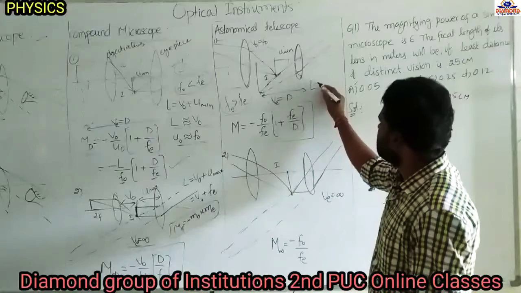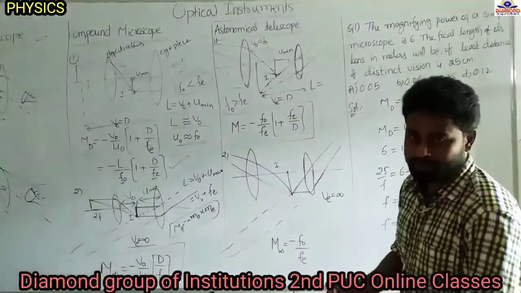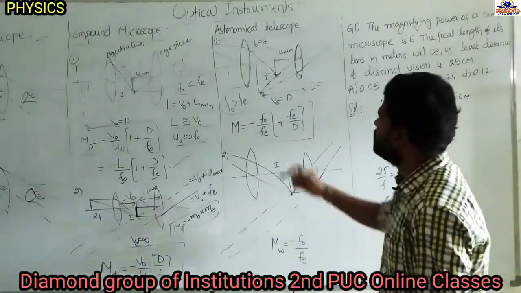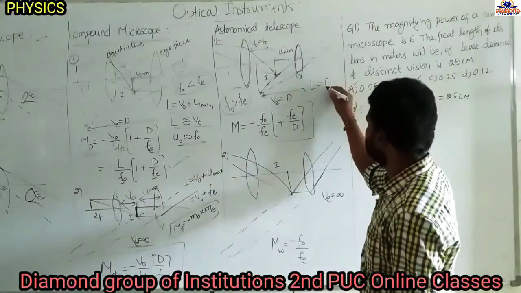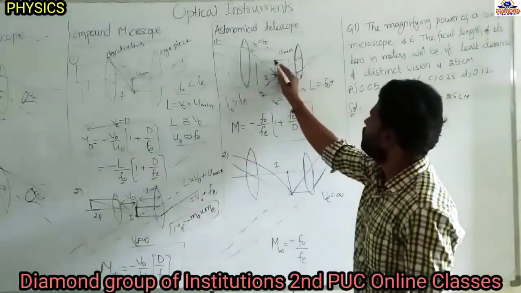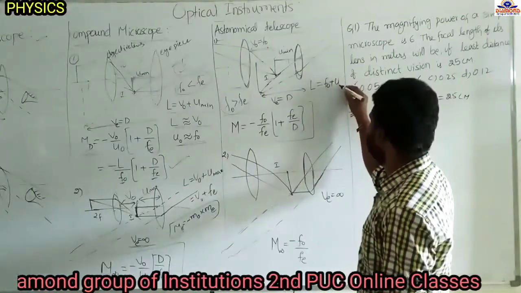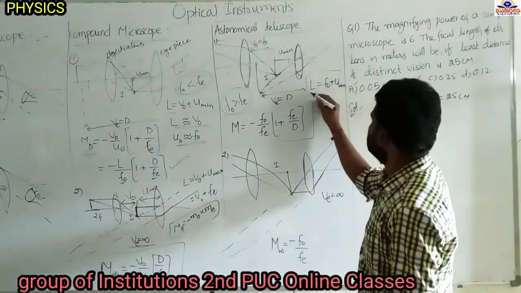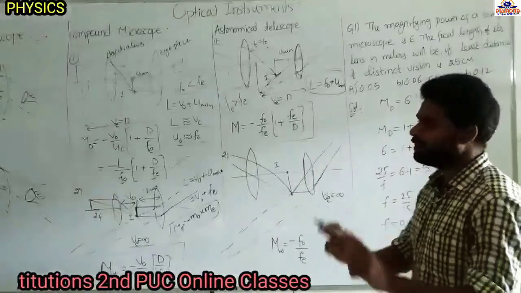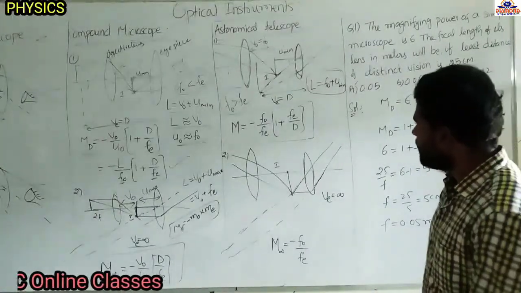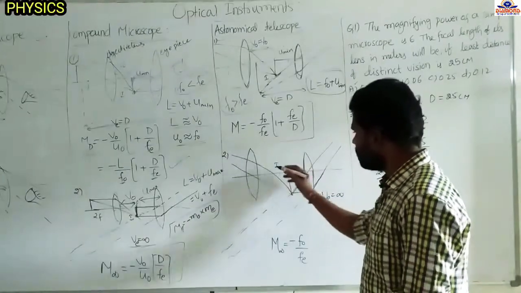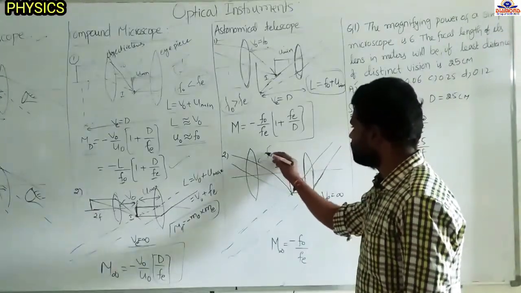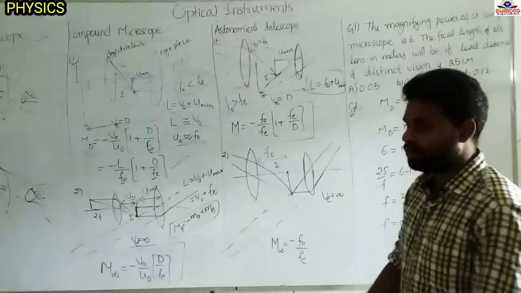In this case, what is the length of the astronomical telescope tube? From here to here it is nothing but f naught, or v naught, plus u minimum. This is the length of the telescope tube. Next, here also the objective will form the image at its focus, because we are looking at an object at a long distance.